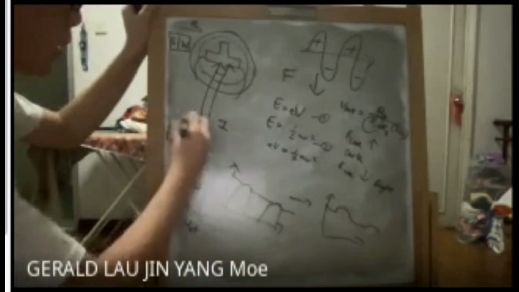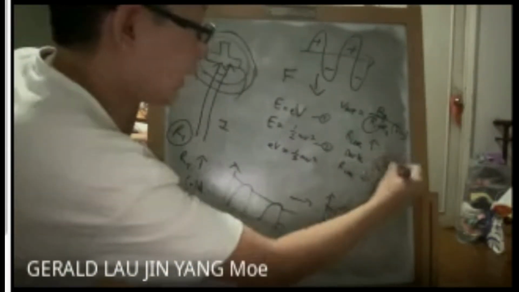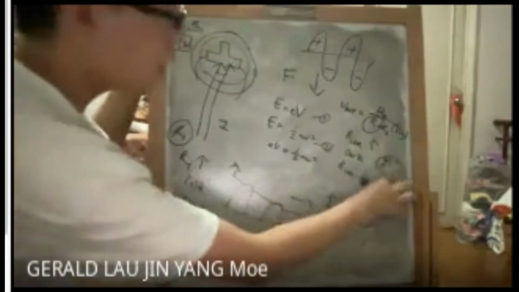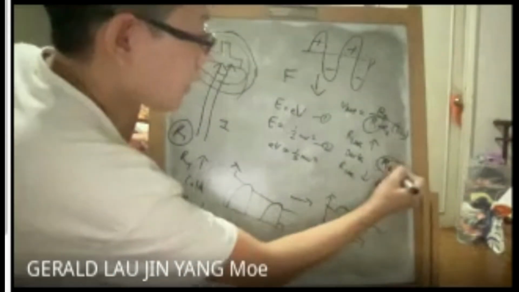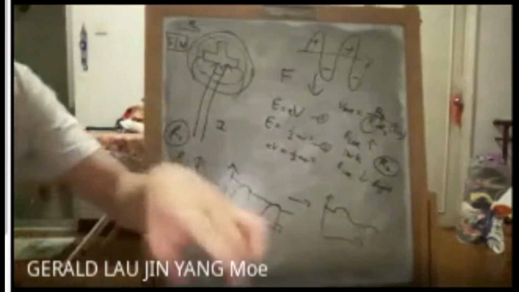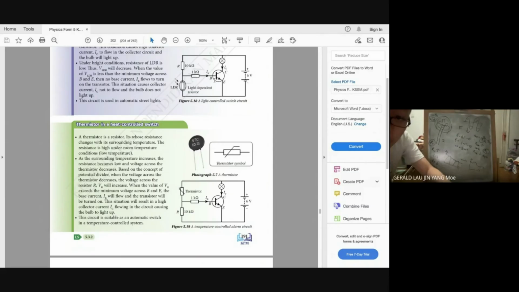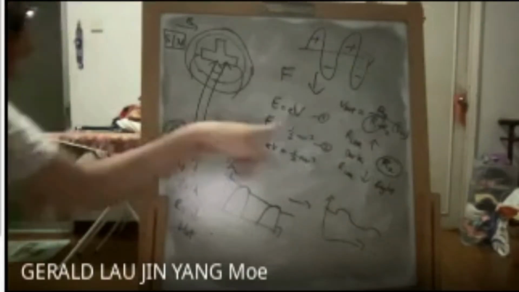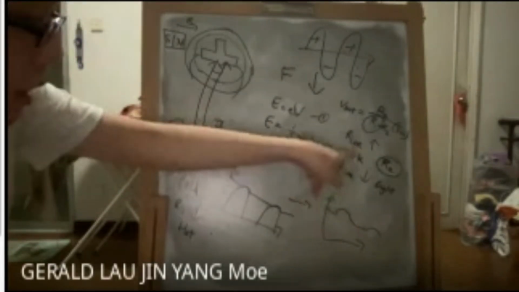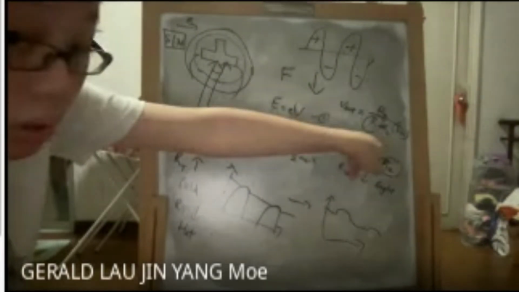R1 is the thermistor. R2 is the LDR. Like I said just now, the LDR is connected to the E, but the thermistor is at C. That's why the thermistor is R1 and the LDR is R2. Okay?